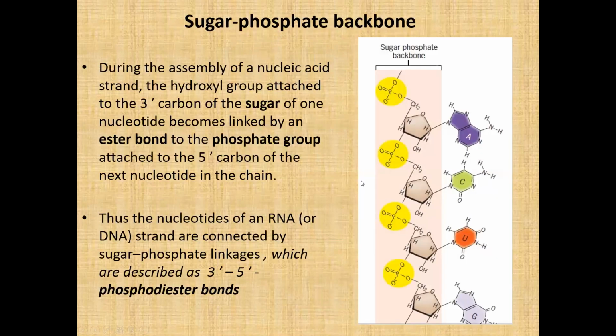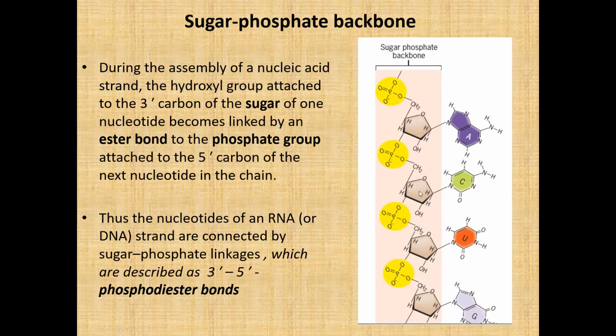Briefly, very briefly, how these nucleotides are connected to each other. As you can see in the picture, one nucleotide with its three components is attached to another nucleotide with the help of sugars and phosphate groups.